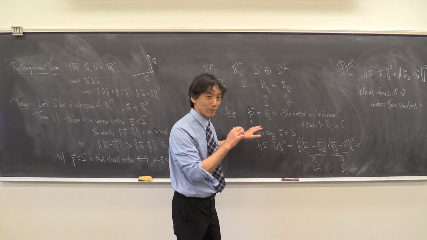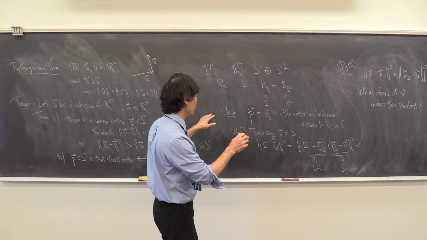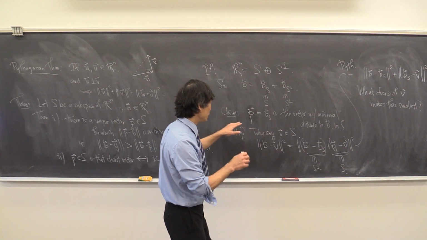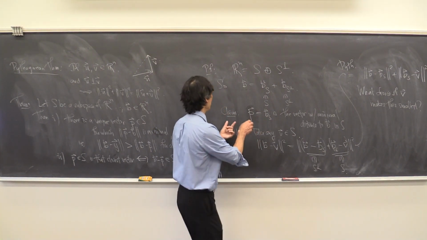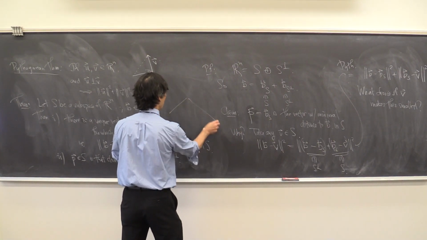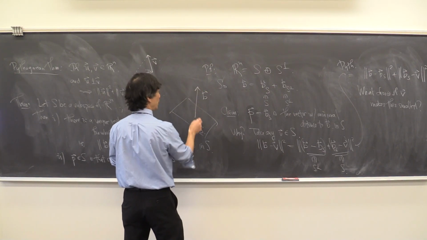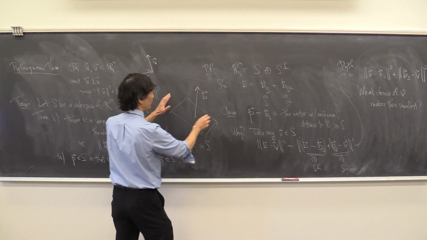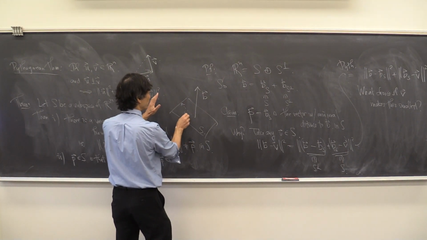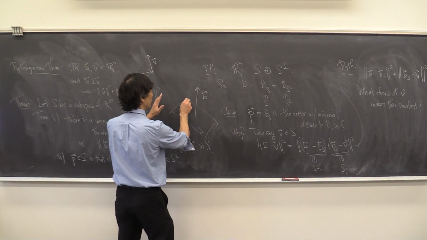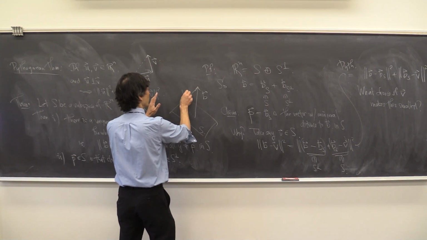Okay, so let me see if I can get us back on track here. We're trying to show this. Here's your S, here's your B, and by the direct sum decomposition, we know there's somebody here which we're calling BS, and there's somebody here that's perpendicular to it, that we're calling BS perp.